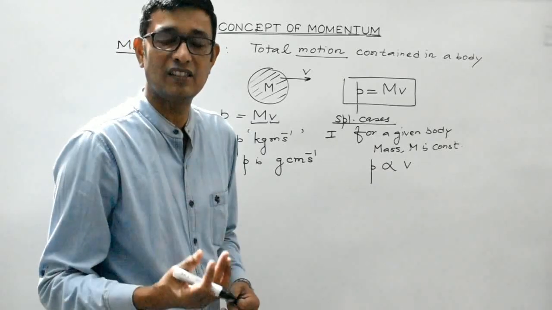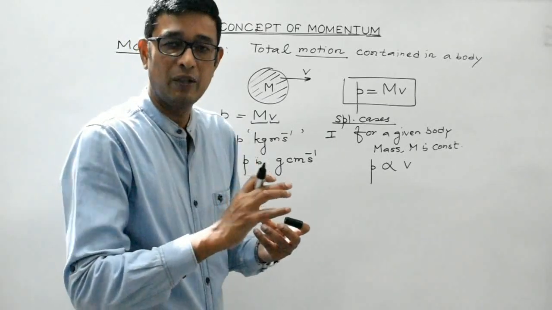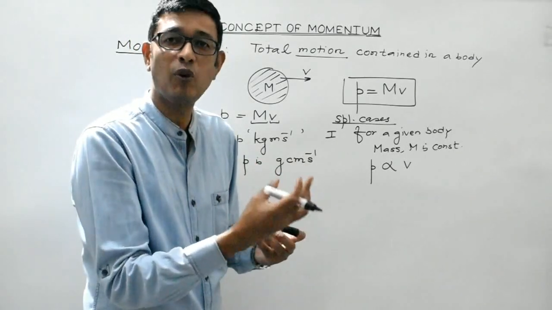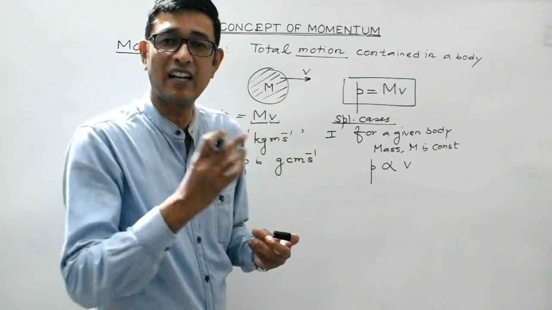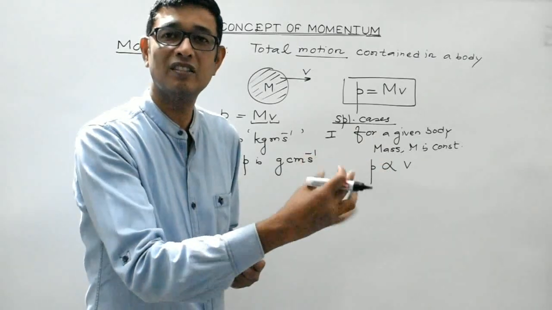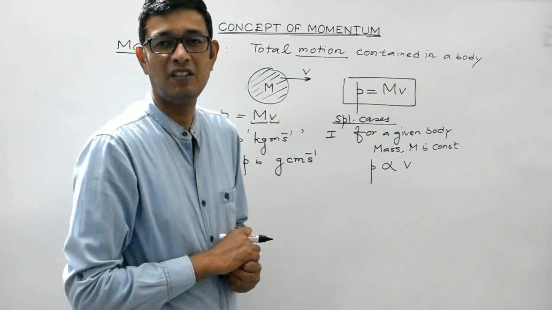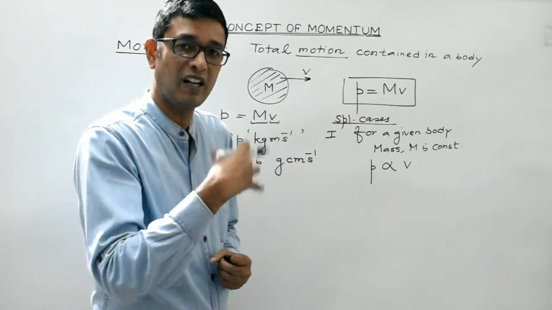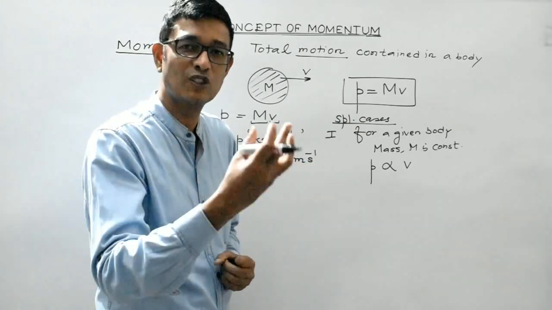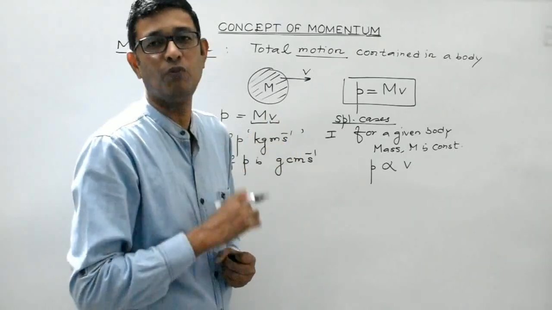What I mean to say is that a body moving with low speed will possess small momentum, and if the same body is moving at greater speed, it will possess large momentum. So a body moving at greater speed possesses large momentum, and a body moving at slower speed will possess small momentum.